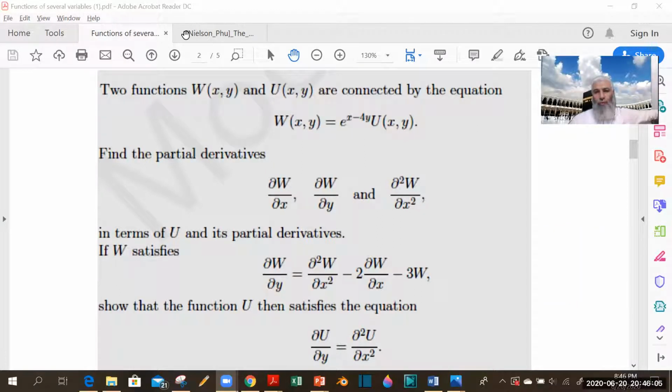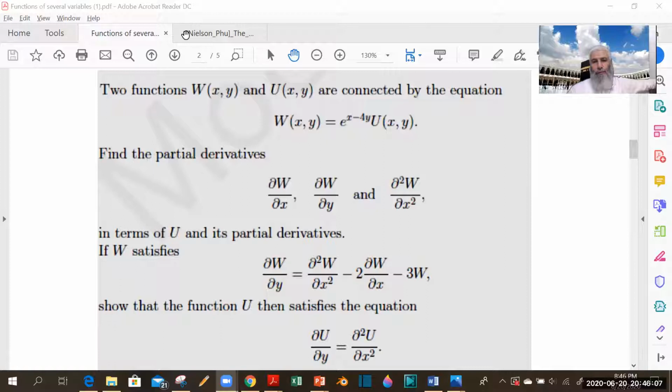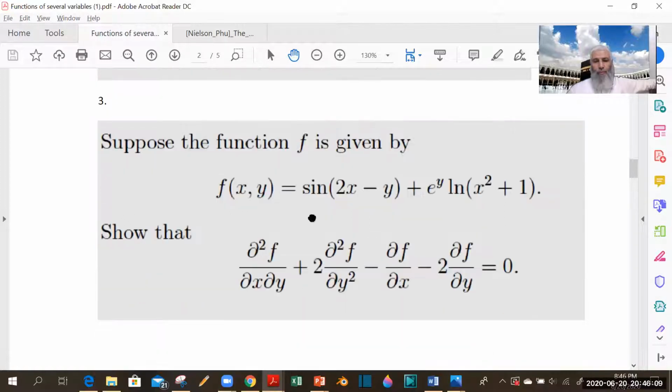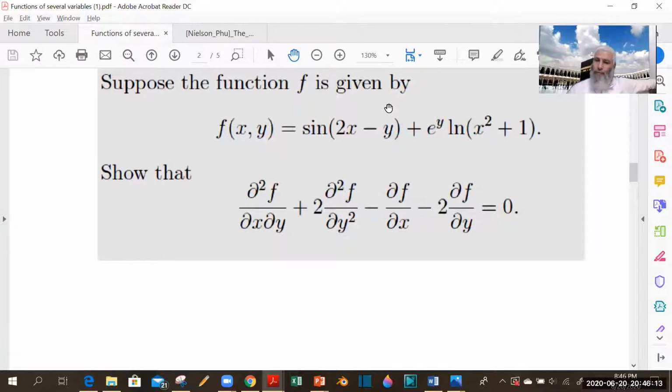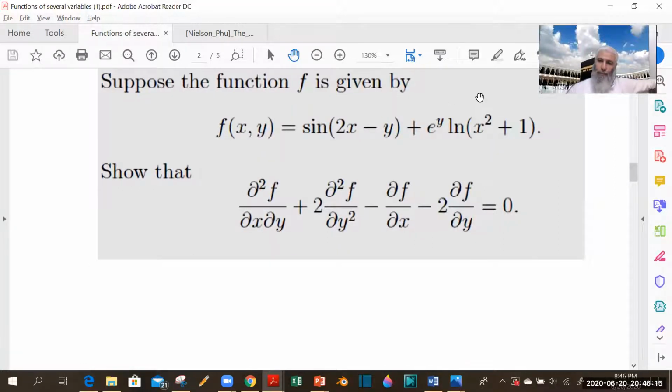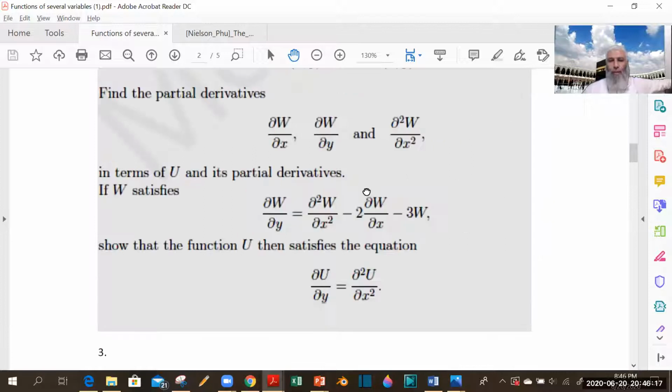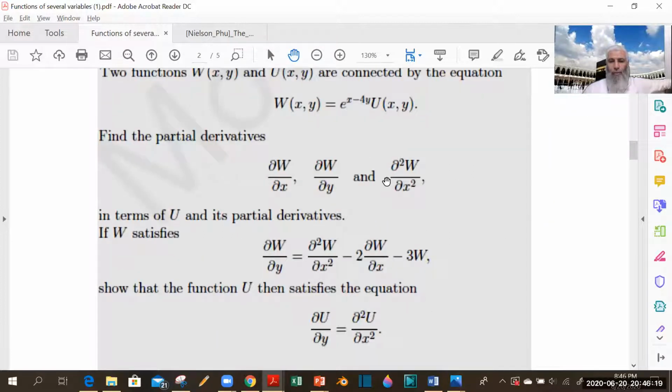You want to do it again or what? No, alhamdulillah, I understood. Like, suppose the function f is given by, you want me to do it again? I do it? What do you think? Like what we just told? Huh? It's the same. We will not do anything new.